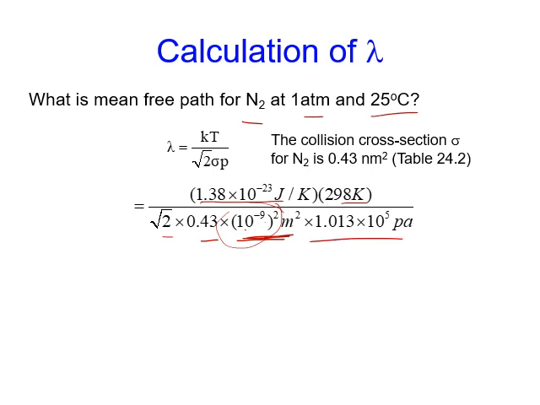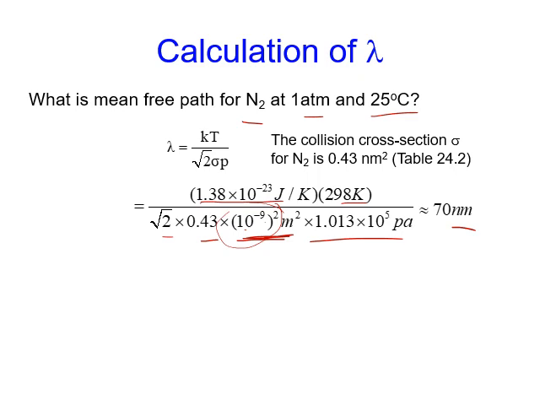And pressure is 1.013 times 10 to the 5th Pascal. So the answer is 70 nanometer, all right? So 70 nanometer, that's the mean free path.